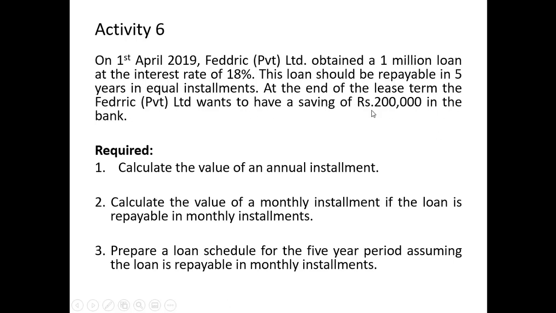So therefore it talks about the future value, while the rest of the information is exactly the same. So this is something that you should try out. In the class activities we may take this and you should try this out. And that is the discussion about loan amortization schedules.